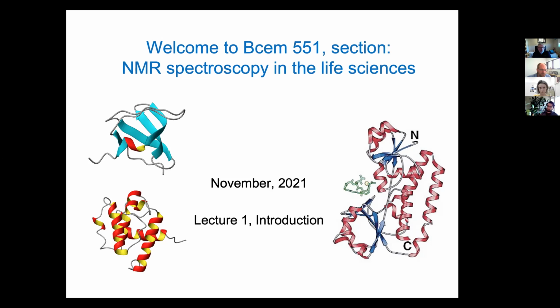Now, there's very few proteins that are exclusively beta sheet or exclusively alpha helix, and most proteins have mixtures of alpha helix and beta sheet. And you see a slightly bigger protein here, where in red is indicated the alpha helices, and in blue you see there's a beta sheet here. And this is one domain of the protein, and this is the other domain of the protein.